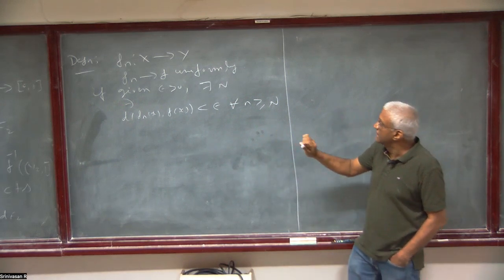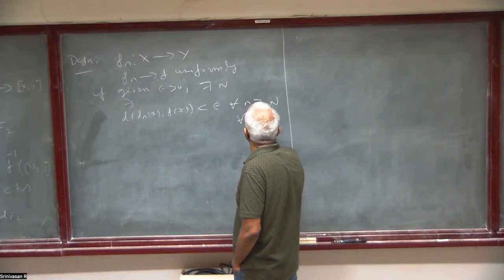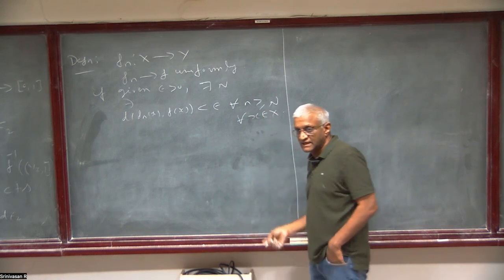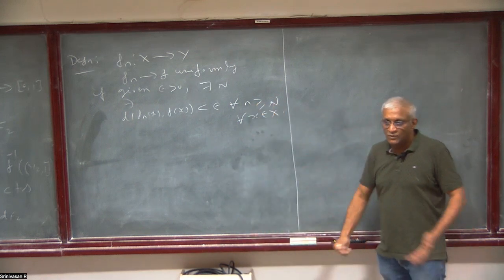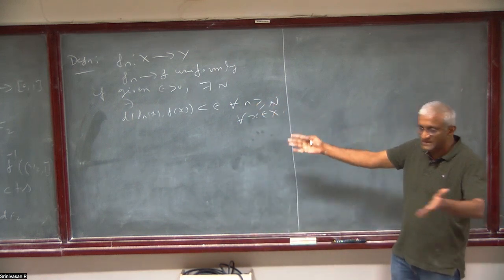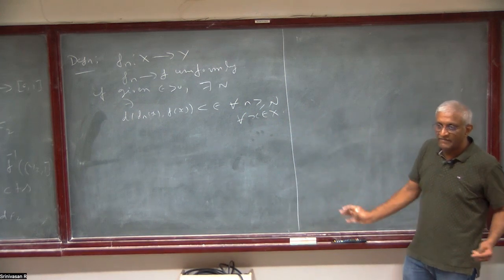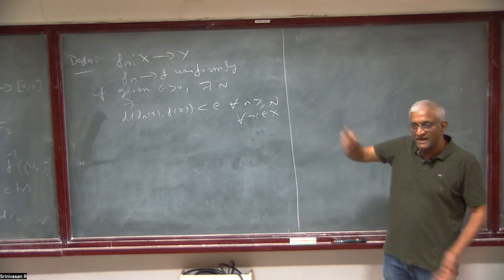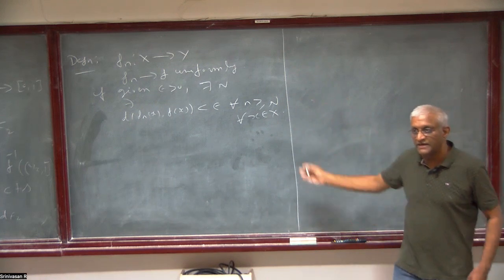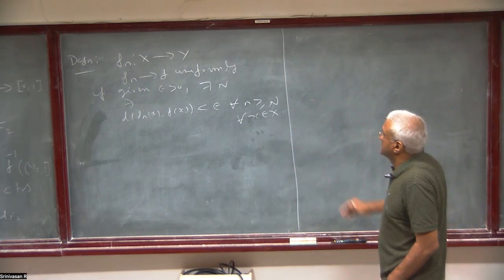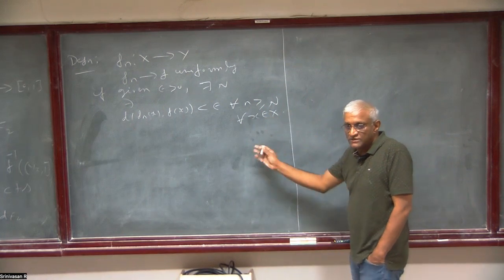This is true for all n and for all x; there is a single N which will satisfy this. When the set is infinite, if it exists for each x, it need not exist for the whole of X, because you can have an increasing N that blows up. So it does not happen when the set X is infinite. So this is uniform convergence.